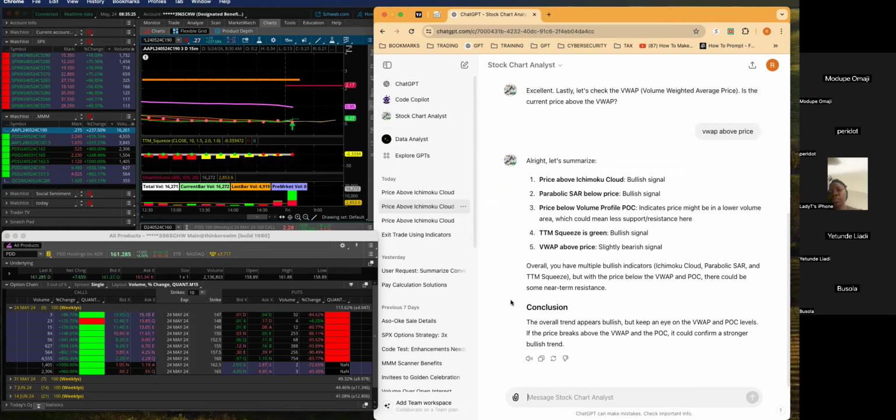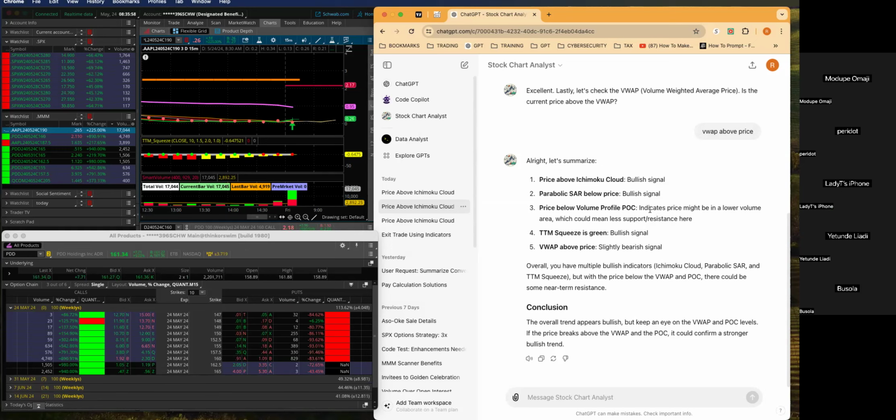The analysis is here; this journal gives you a solid analysis of what the market is doing. Price above Kumo, bullish signal. Parabolic SAR below price, bullish. Price below POC indicates price might be in a lower volume area, which could mean less support, strike resistance here.